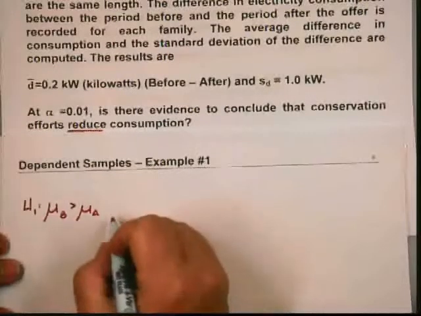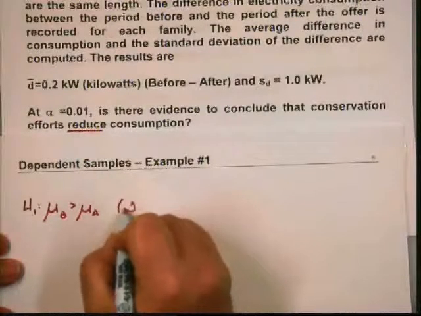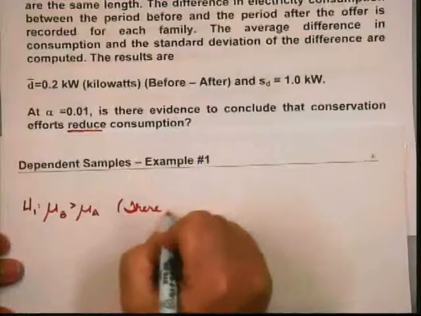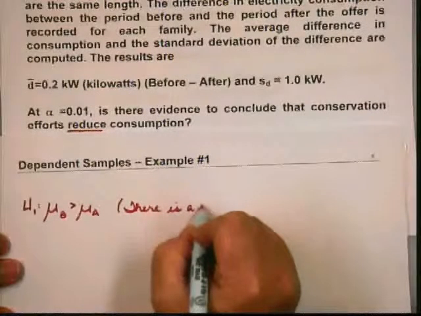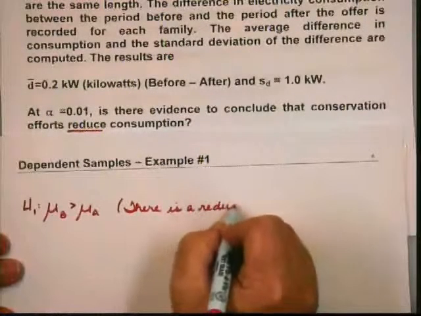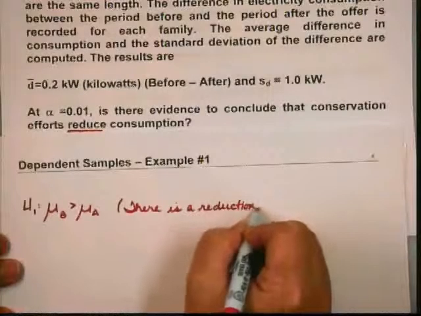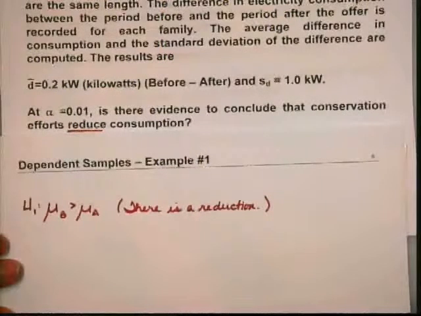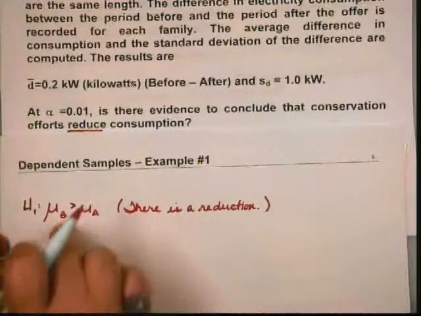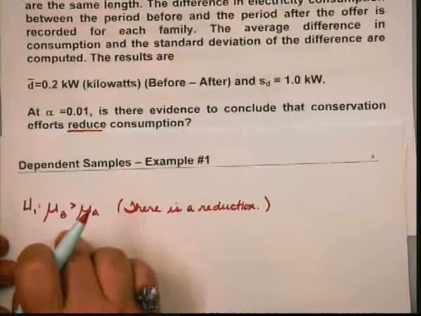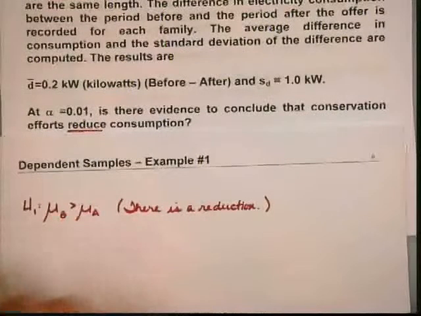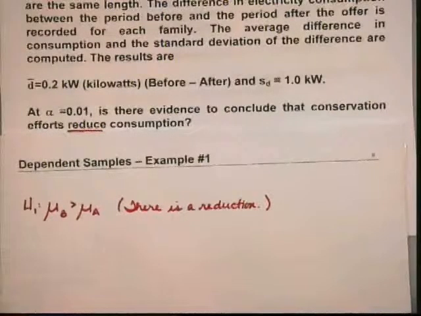So that translates to there is a reduction. That is not the form that I was given in the table for hypotheses, but that's how the question was asked to me. So that's what I usually like to write out, how's the question appear in the problem? What does that directly imply? And then write it then as the formula's set up.